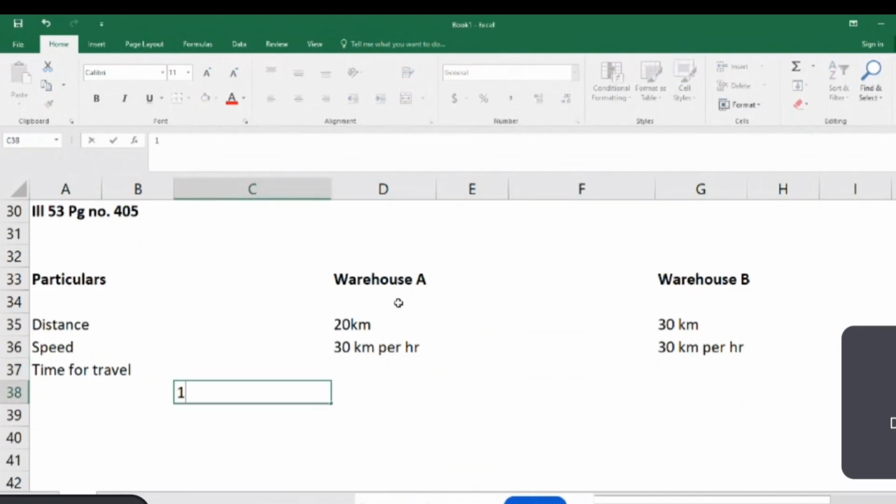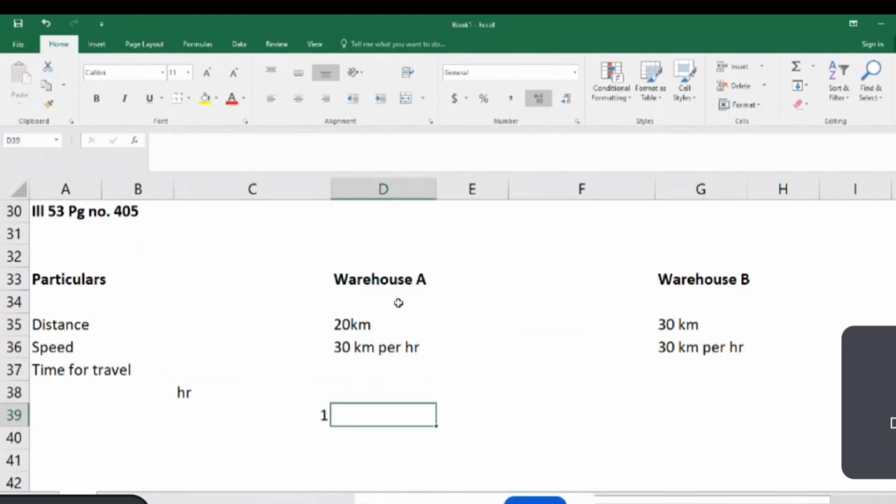For 30 km per hour, for 1 hour it could travel 30 km. So how many kilometers do you want to travel for warehouse A? You have to travel 20 kilometers.